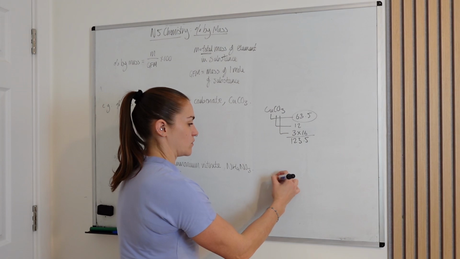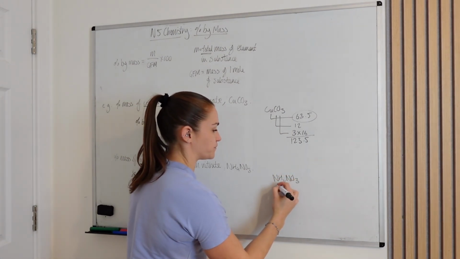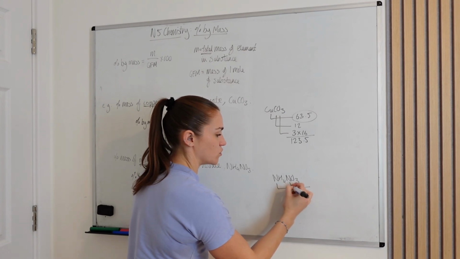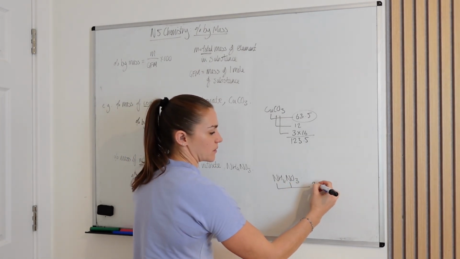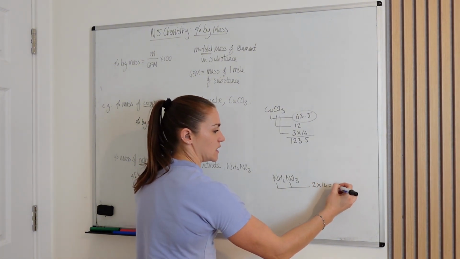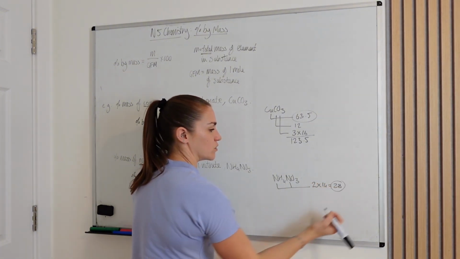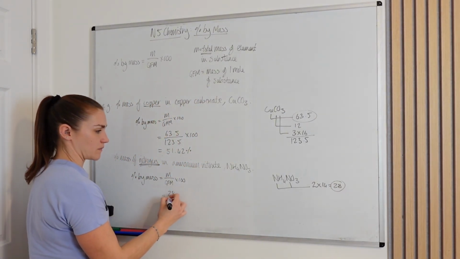So if we look at the chemical formula, we've got NH4NO3. So we actually have 2 moles of nitrogen. So if we look up the relative atomic mass of nitrogen in the data booklet, it's 14, so that'd be 28. So that is our total mass of nitrogen. So 28 is going on the top.